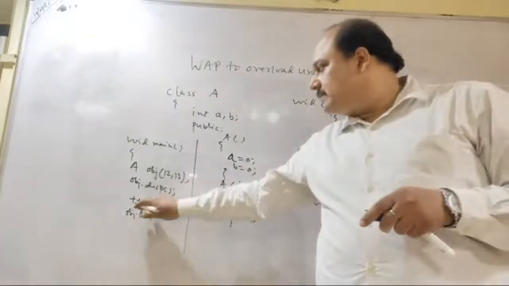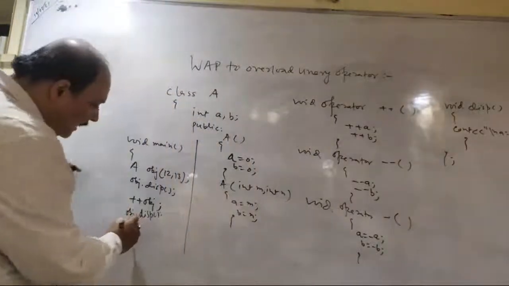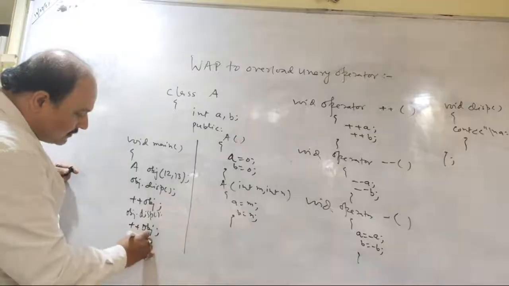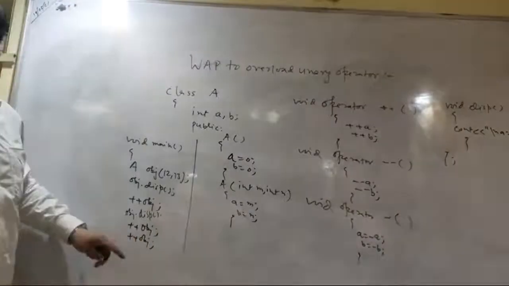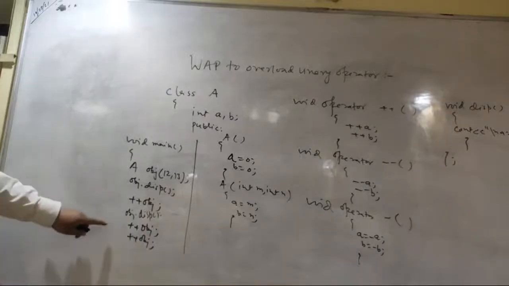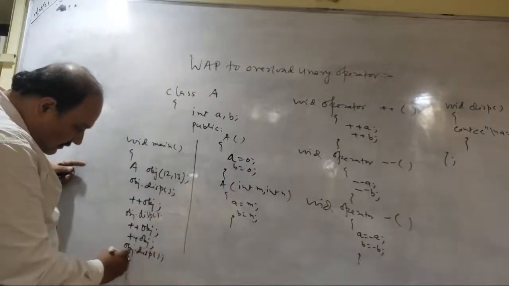Suppose after this you display, and after that again you use the same operator a number of times. In all calls, the contents of the particular object are increased.